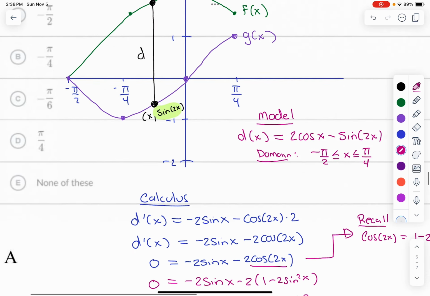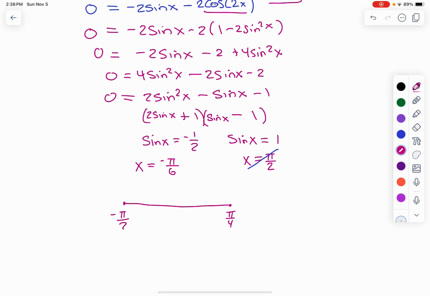So that's our only critical point. Okay, so negative pi over 6 is our critical point. That looks like a potential right answer. But just to be good about our calculus hygiene here, on negative pi over 2 to pi over 4, I found that negative pi over 6 is a critical point.